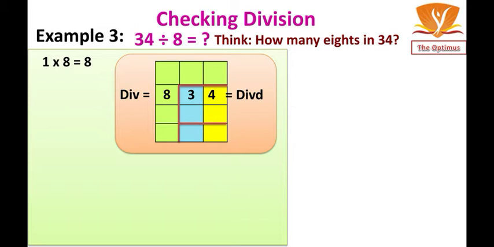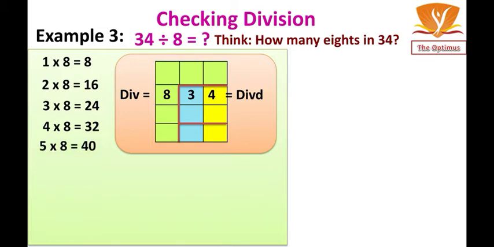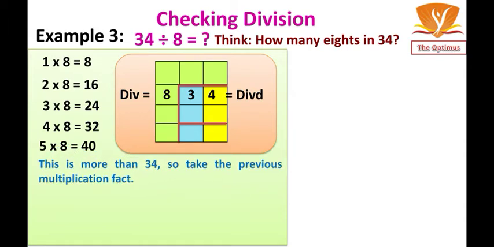1 8s are 8, 2 8s are 16, 3 8s are 24, 4 8s are 32, 5 8s are 40. Yes, this is more than 34. So take the previous multiplication fact, that is 4 8s are 32. 4 I am going to write in quotient part. 4 8s are 32.